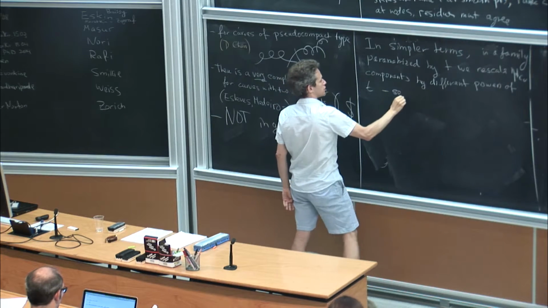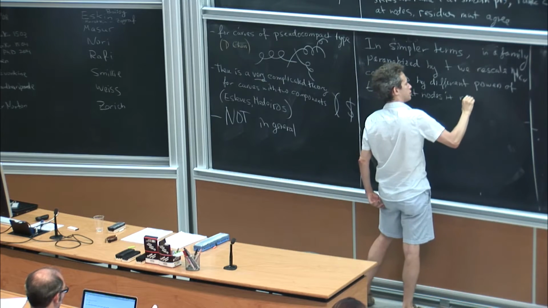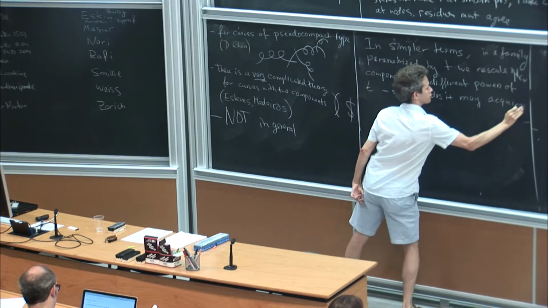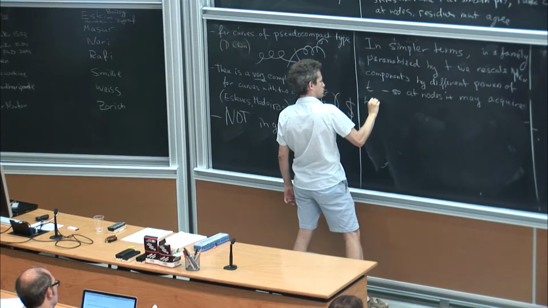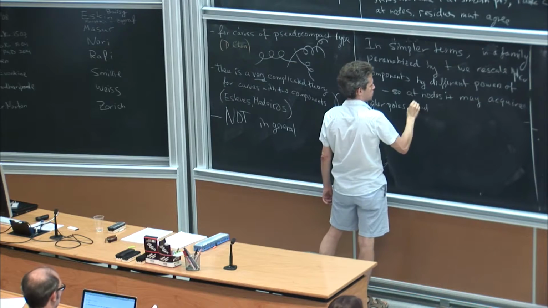So it means at nodes it may acquire higher poles, for example. And zeros.